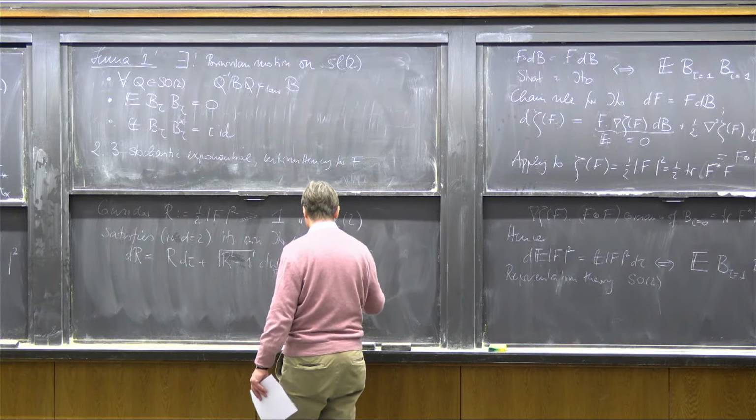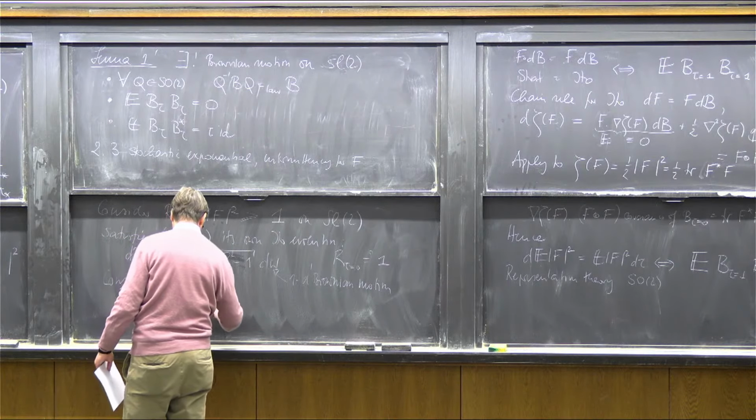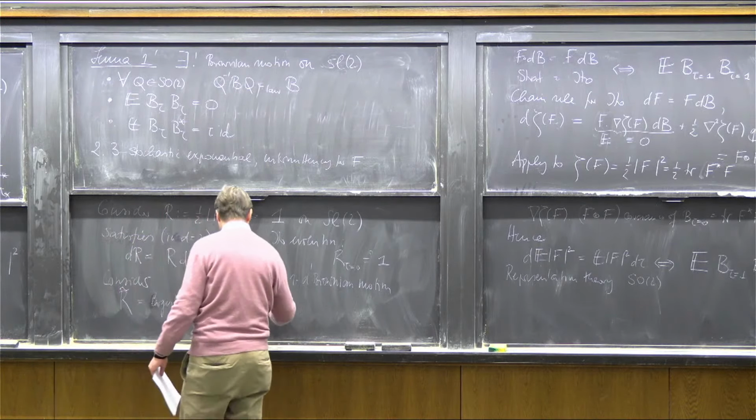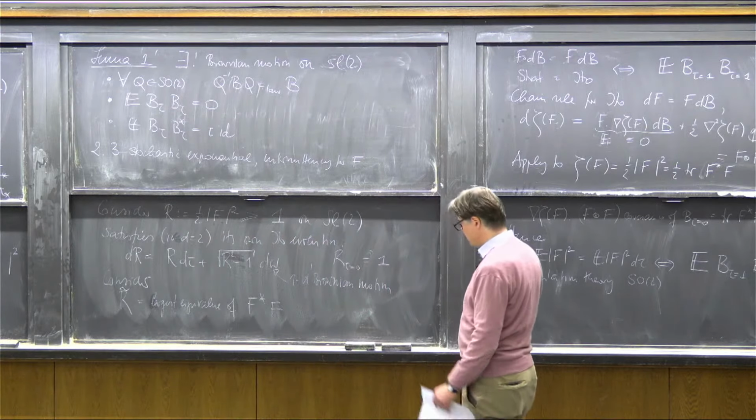And now from this one, you learn intermittent behavior because you can introduce a very closely related quantity. So consider R tilde to be the largest eigenvalue of f adjoint f, so if you want the square of the largest singular value of f.